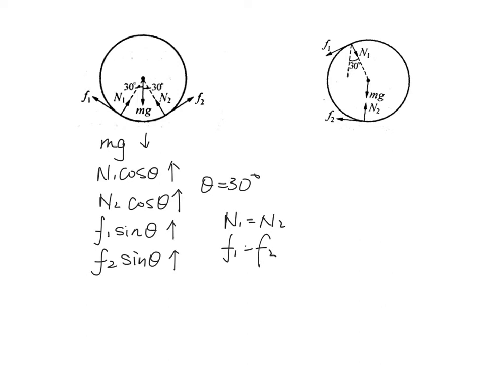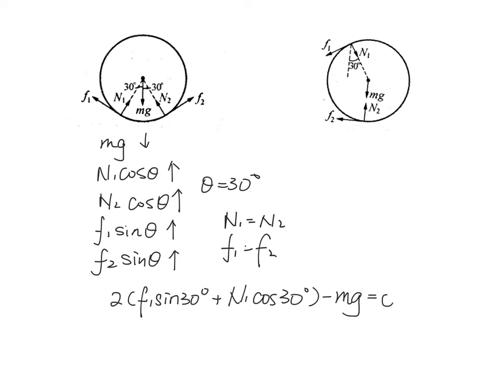So our final equation will be 2 times F1 sine 30 degrees, because theta equals 30, plus N1 cosine 30 degrees, minus mg, which is gravity. This whole equation equals 0, because F net in vertical direction is 0. So, great, we get our first equation here.